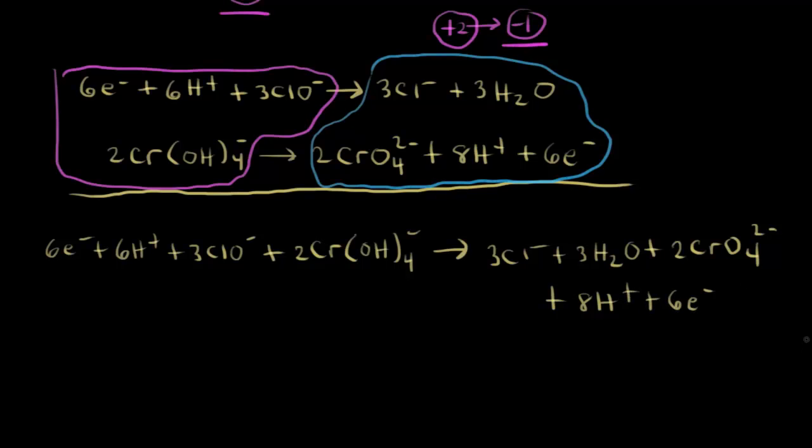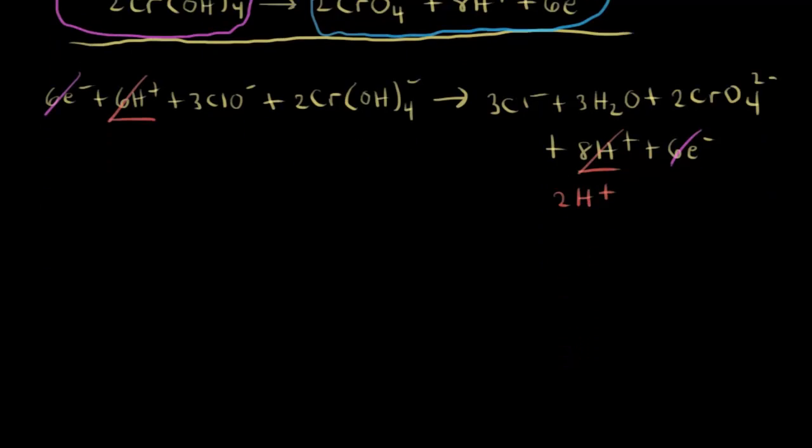So finally, now that we've written that out, I think it's easier to see that you have 6 electrons on the left and 6 electrons on the right, so you can cancel those out. You also have some protons on both sides, right? You have 6 protons here and 8 protons here, so you could cancel out these 6 protons, and make this 2 protons on the right side. So let's rewrite what we have once again.